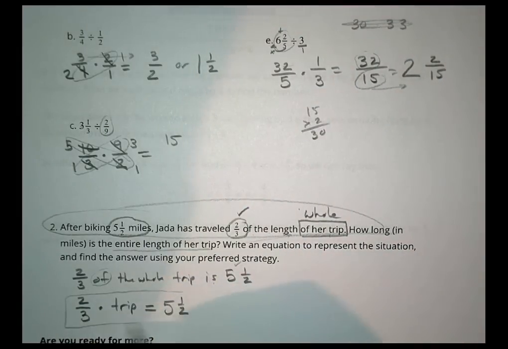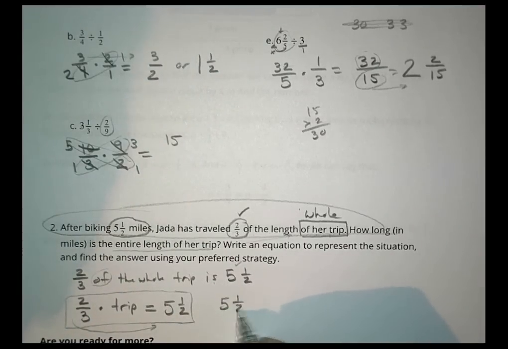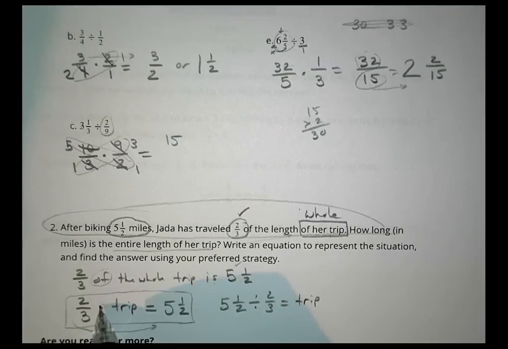Okay, can we turn that into a division problem? Sure. If we want to get the 2/3 over there, we're going to divide. 5.5 divided by 2/3 is going to equal the trip. Because it's connected by multiplication, I separate by division, so I divide it by 2/3.